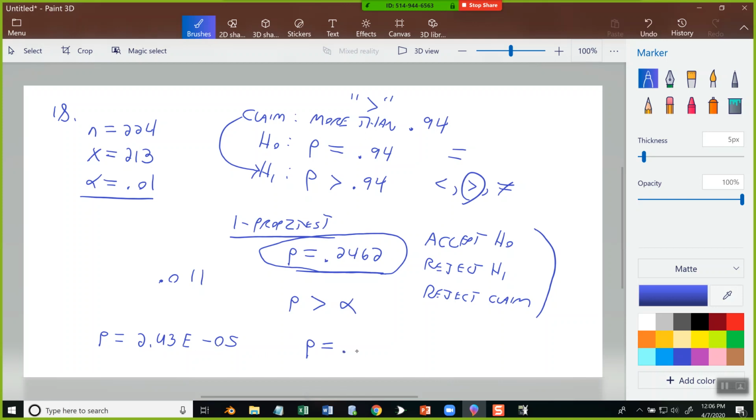So this would be 0.0000243. And that would be your p-value. So keep that in mind when you're using a calculator and you end up with that e negative 05, that usually means it's a very small p-value, or e negative 6, or whatever it is.